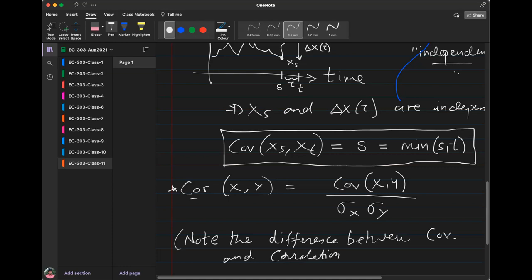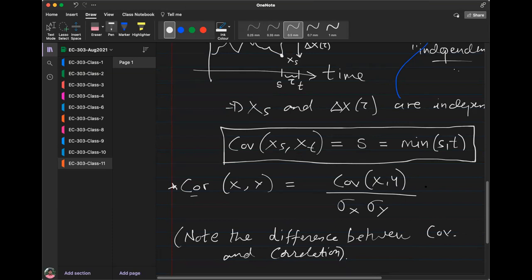One thing to keep in mind is that correlation is bounded between -1 and +1, whereas covariance has no such bound. Actually, covariance does have a bound. It is bounded between minus sigma x times sigma y on the one hand and plus sigma x times sigma y on the other extreme.